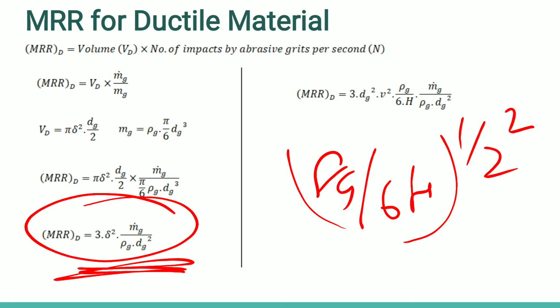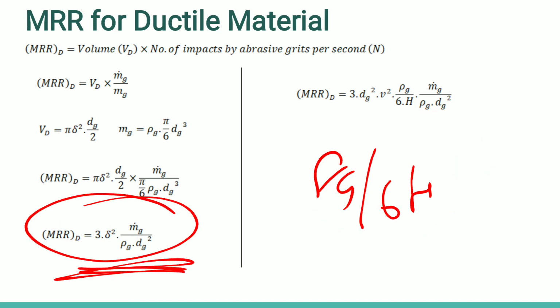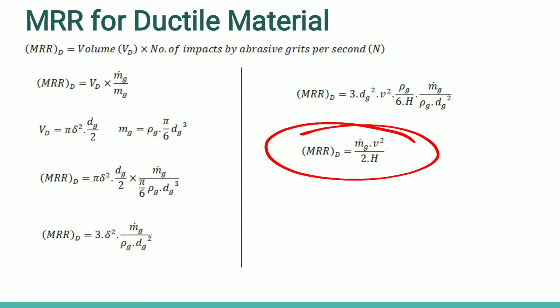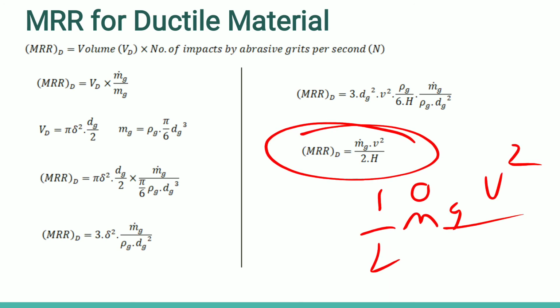This will be squared, so the square root will cancel out, giving rho g by 6h. So this will be m dot g into rho g upon dg square. When you calculate it, the material removal rate in the case of ductile material will be 1 by 2 into m dot g into v square upon h.